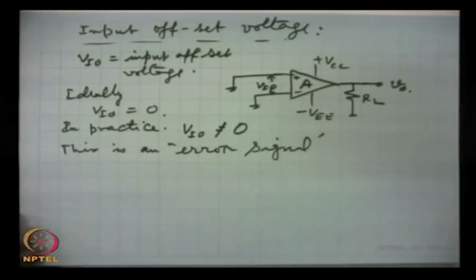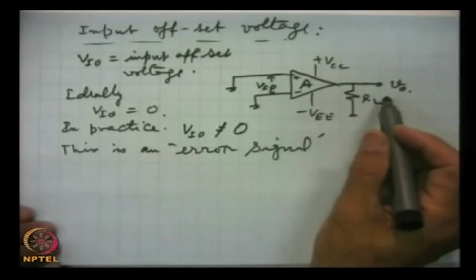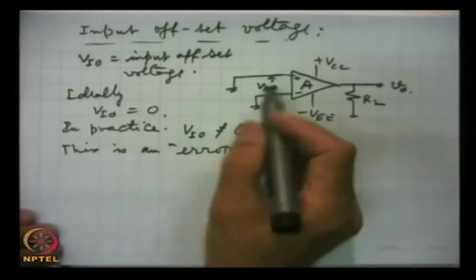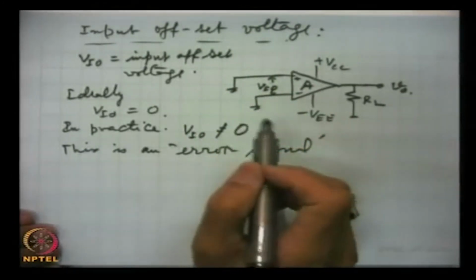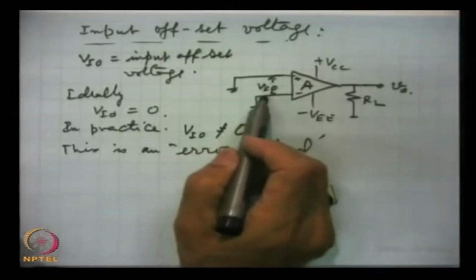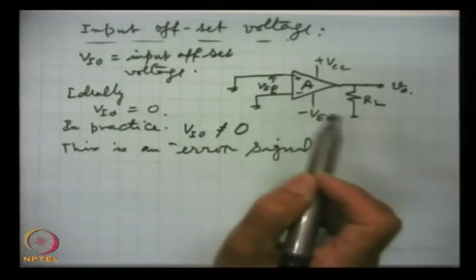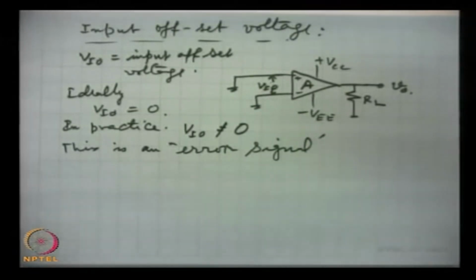Now, to bring this output voltage to 0, we have to apply a voltage at the appropriate place, equal in magnitude, but opposite in phase to the existing differential offset voltage.